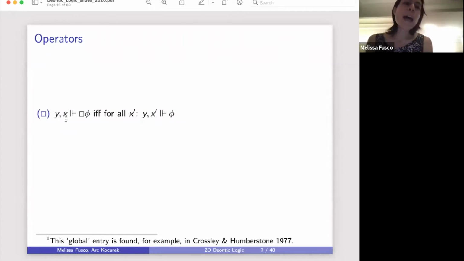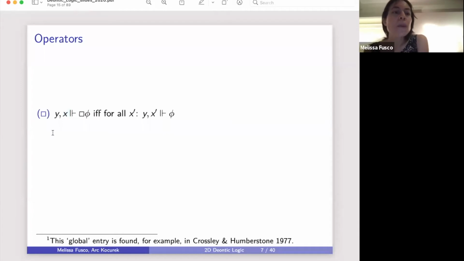Write those as y, x. Typically you think of the y parameter world, the one that's written first, as the world as actual. And think of the second world, the x world, as the world of evaluation.